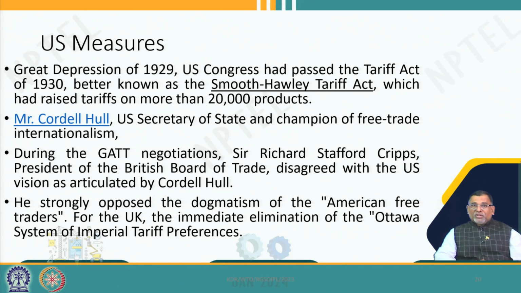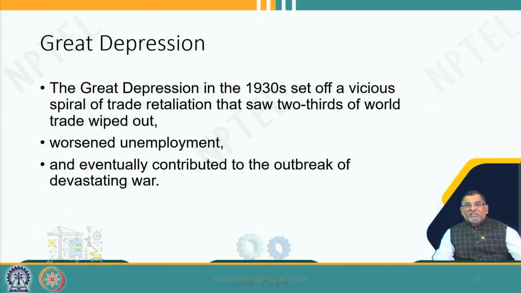He argued for the elimination of all tariffs rather than specific tariffs on the US. So, there was a conflict of interest between America and Britain at that point of time. Probably that may be the reason the ITO never came into effect.